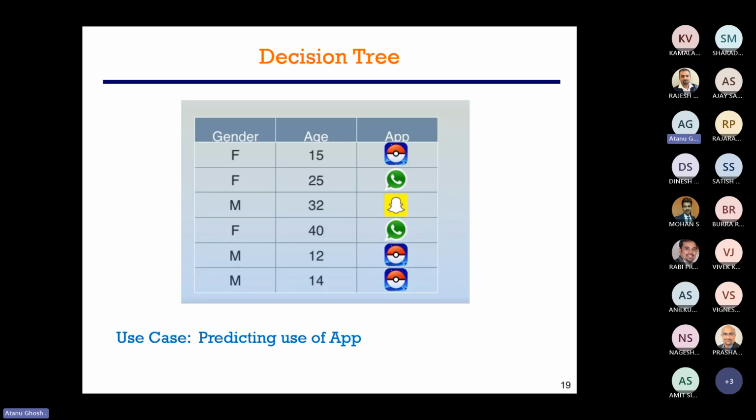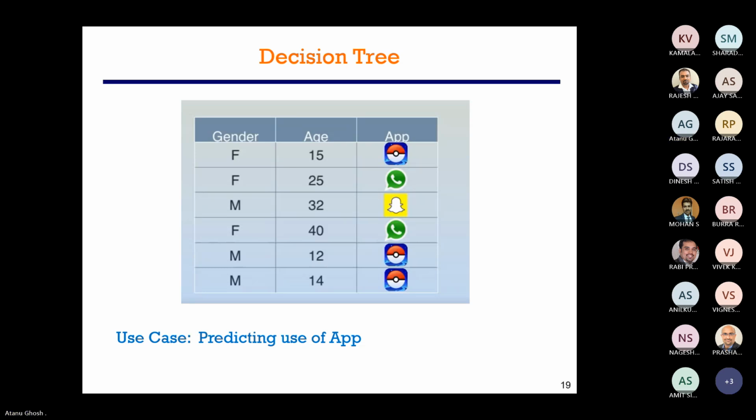The first observation, for example, is a female, age 15, and she is using Pokemon Go. The next observation is also a female, age 25, using WhatsApp. The next one is a male, age 32, using, I think, Snapchat.